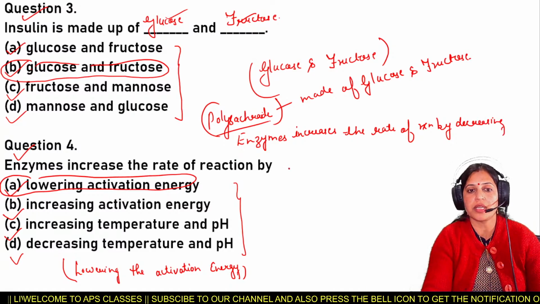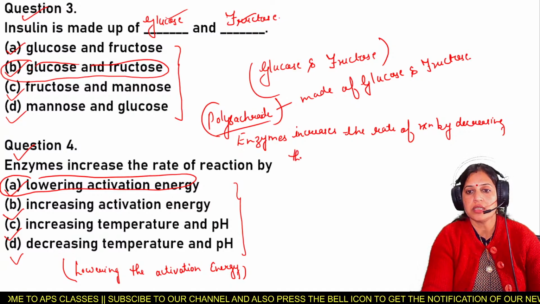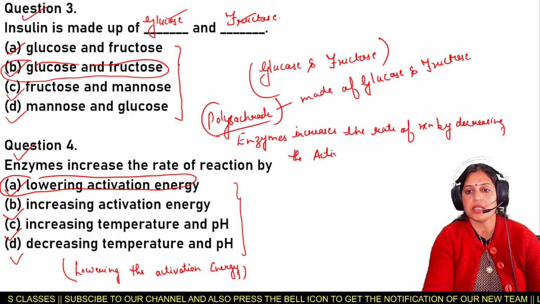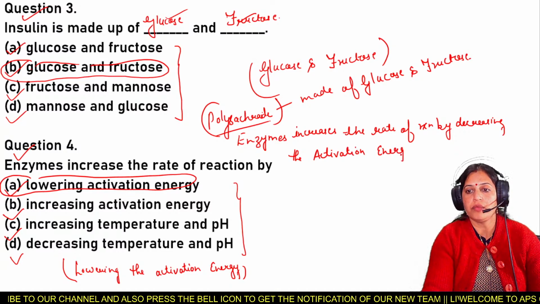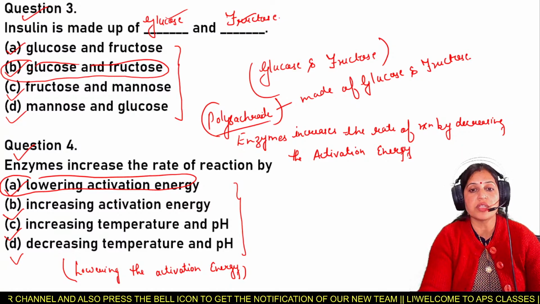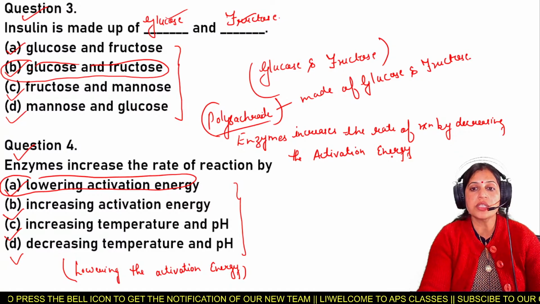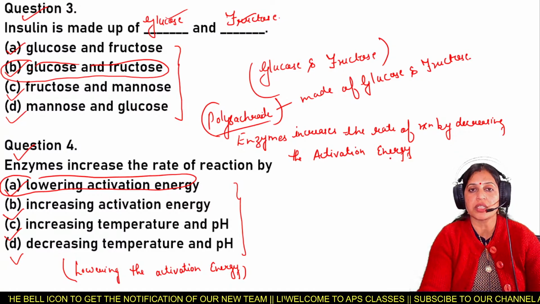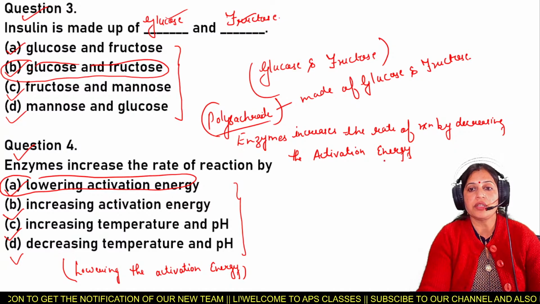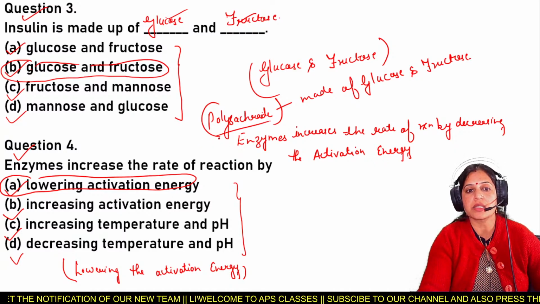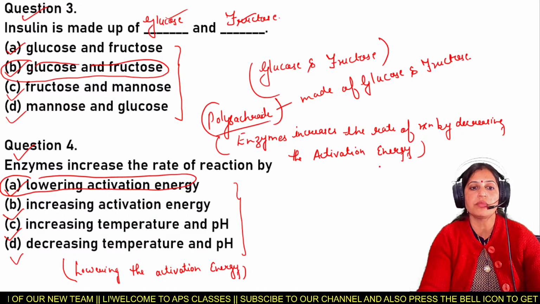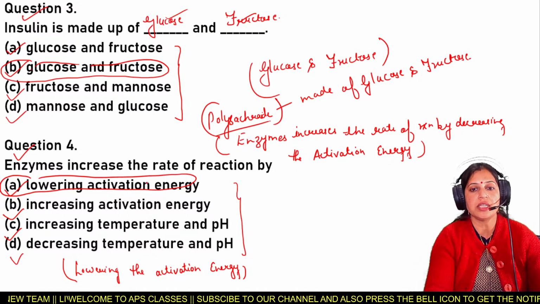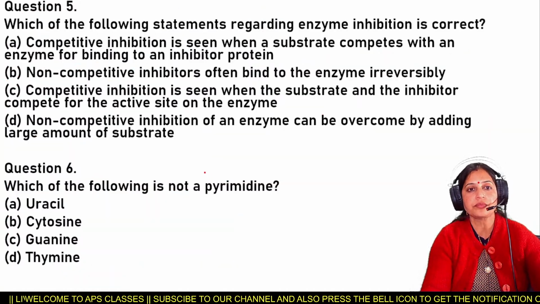This is the explanation. So we can say that enzymes increase the rate of reaction by lowering the activation energy. This is the explanation for question number 4, and this is the right answer.